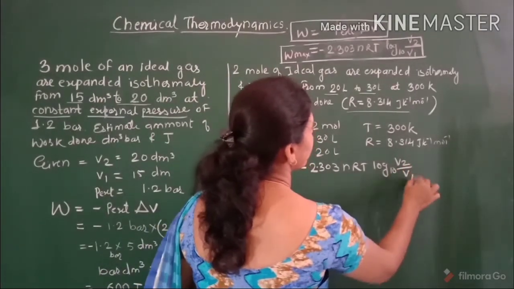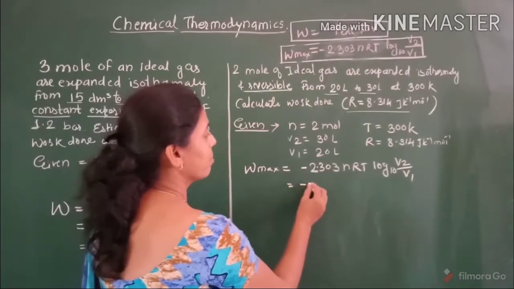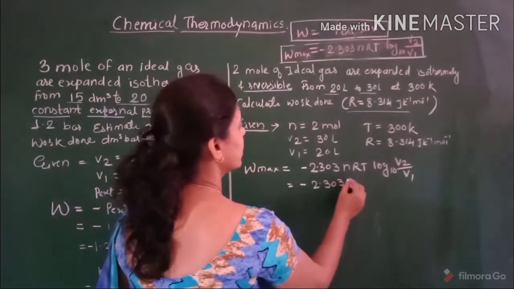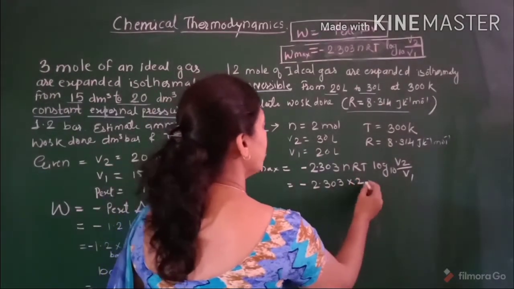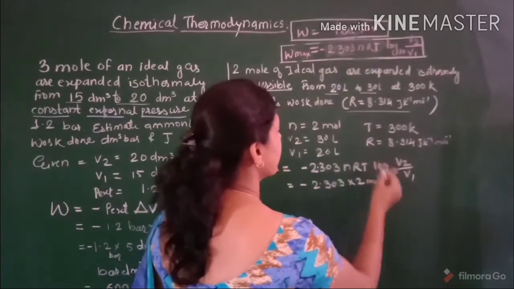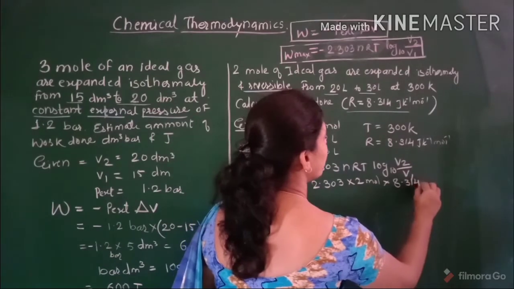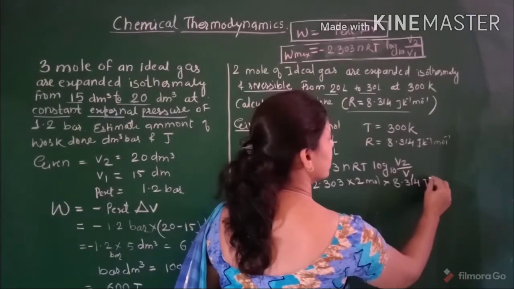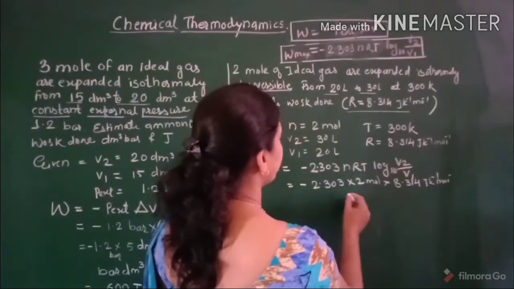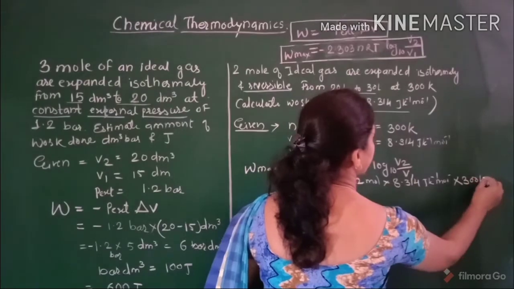V2 upon V1. Just put in the values. All values are given here. Minus 2.303, and here 2 mole. The value of R is 8.314 joule Kelvin inverse mole inverse, and last is temperature, 300 Kelvin.